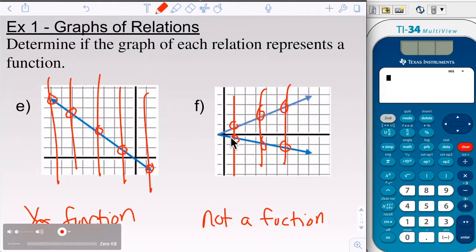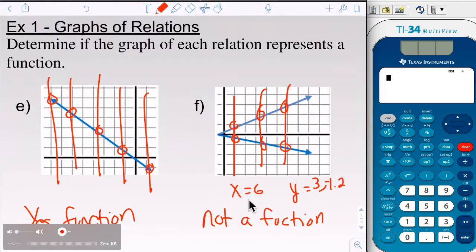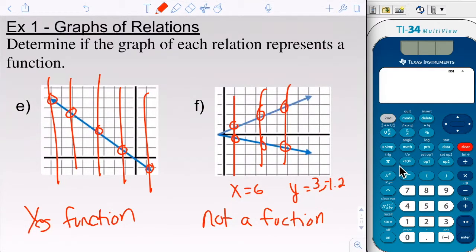An x value of, what is that, 1, 2, 3, 4, 5. An x value of 6. When x is 6, I have y values of 3 and like negative 1.2 or something like that. So one input has 2 different outputs. That is not allowed, not a function.